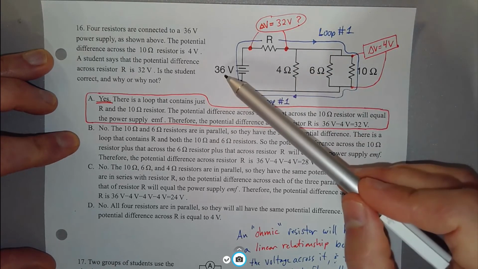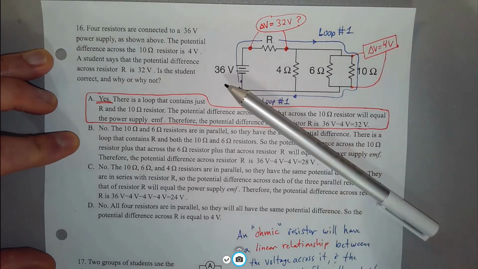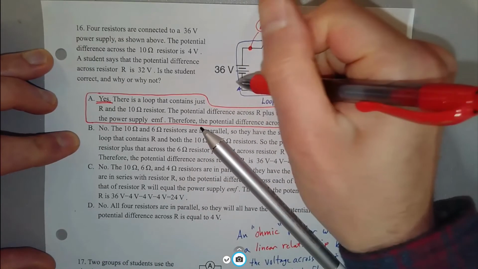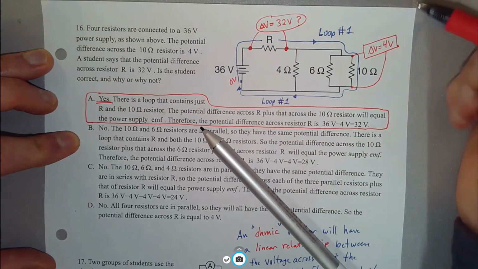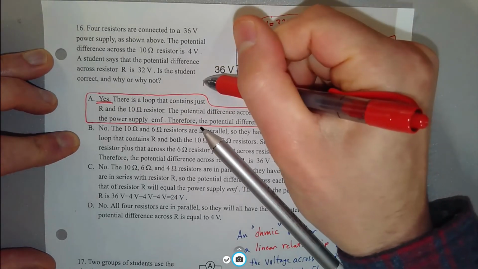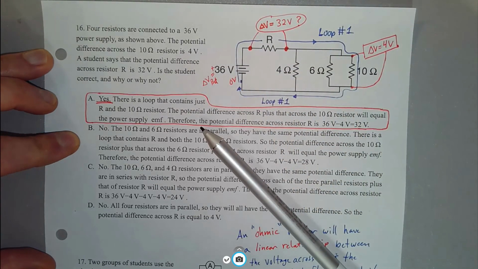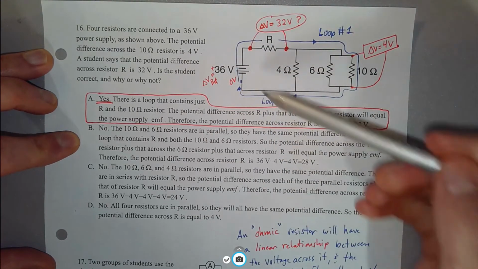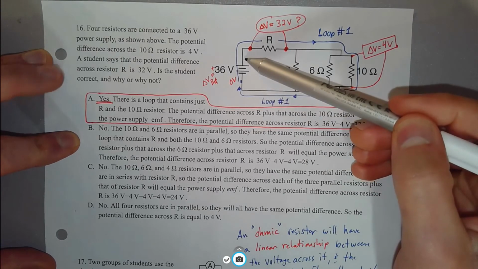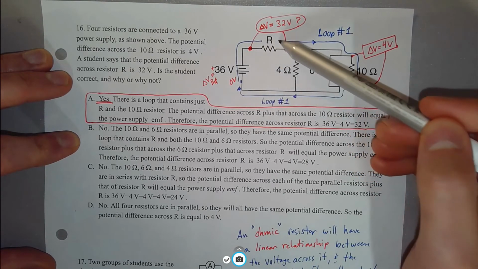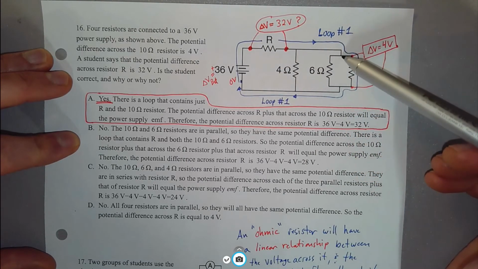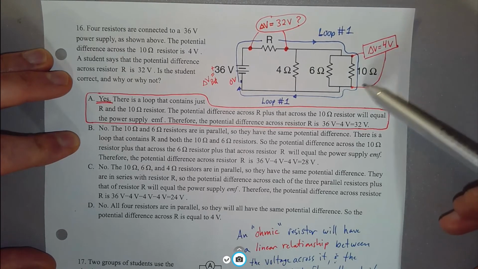And so from here, on the negative side of a battery, we always define that as 0 volts. And the battery is going to increase voltage by whatever the voltage of the battery is. So if it starts at 0, it's going to go up by 36 volts. It has to go down by some amount, and down by, well, they say 4 volts, and get back to 0.